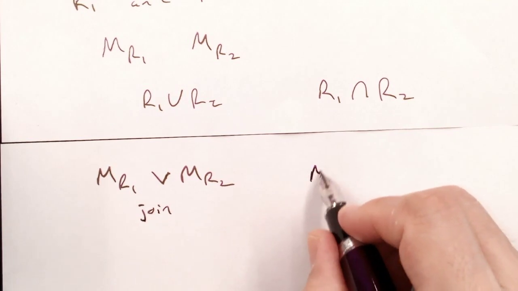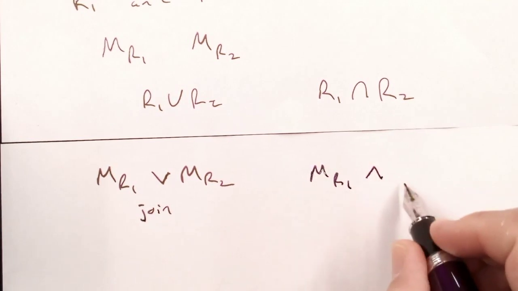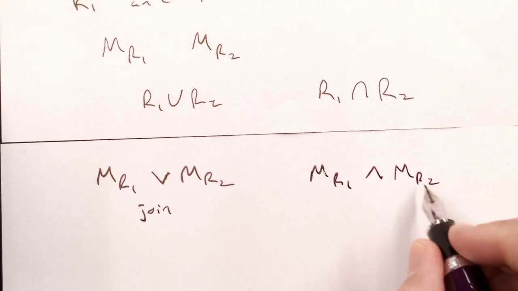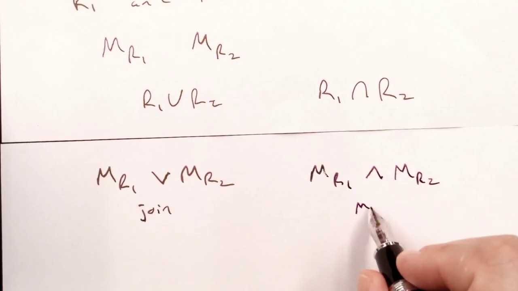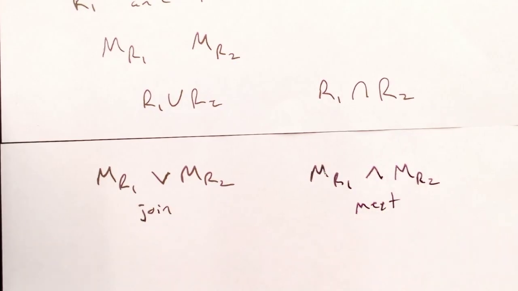So I'm going to define the and of my two matrices. Again, I didn't define the term. We're going to call that the meet. It's just and, it's just or. And you do this one entry at a time.